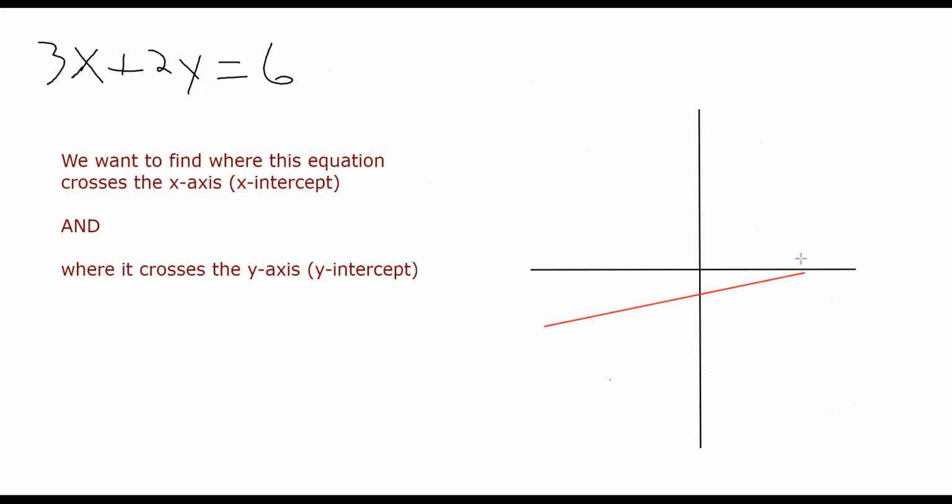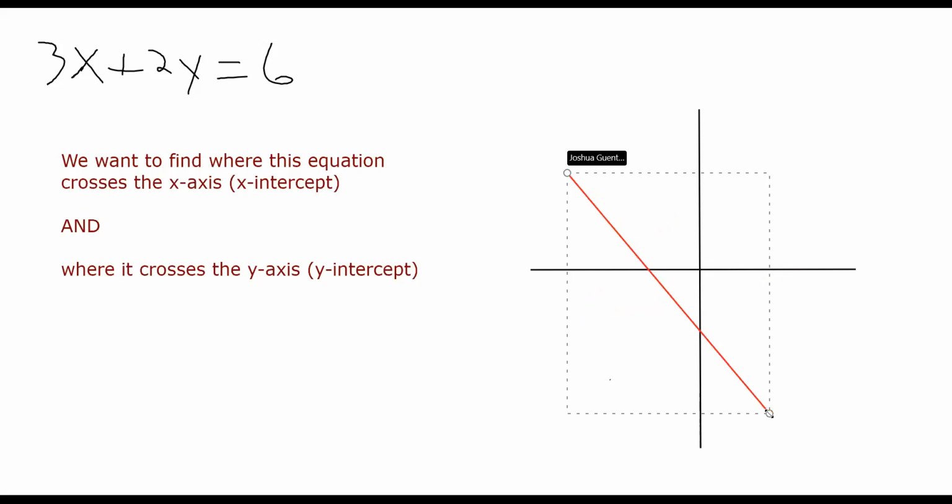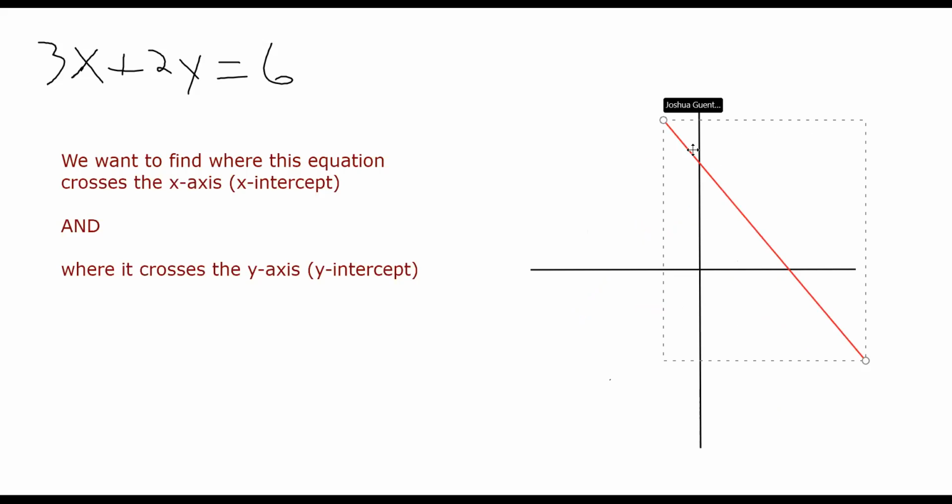But it's going to cross the x-axis and the y-axis at one spot each, as long as it behaves a certain way, and we'll talk about it. So look, here this line crosses the x-axis here, and it crosses the y-axis here. But it could also do it like this, and it can cross the y-axis up here, x-axis up here. So there's lots of different things it can do.